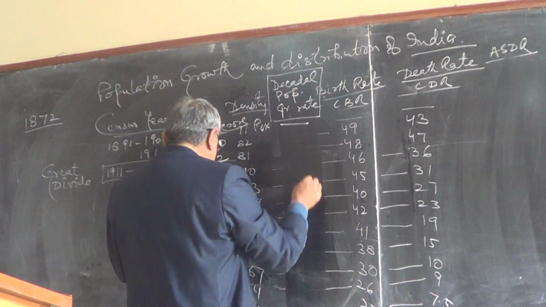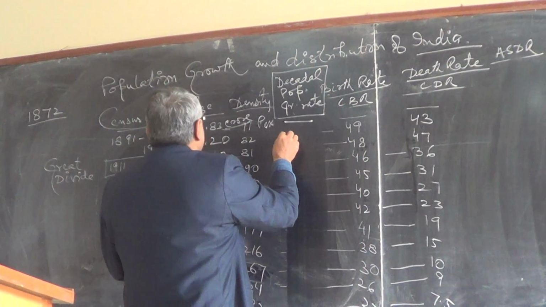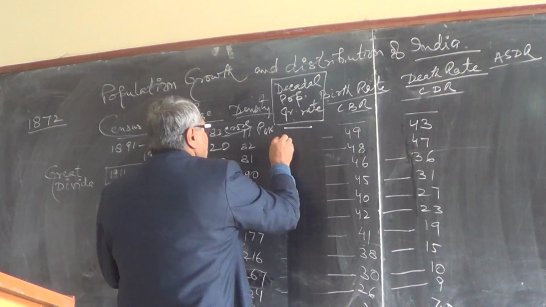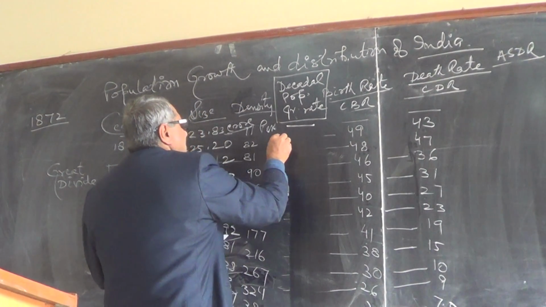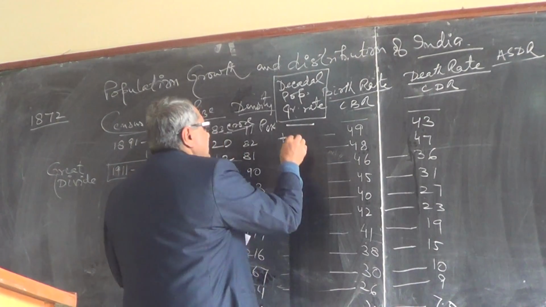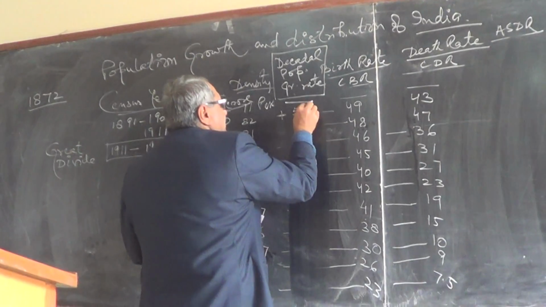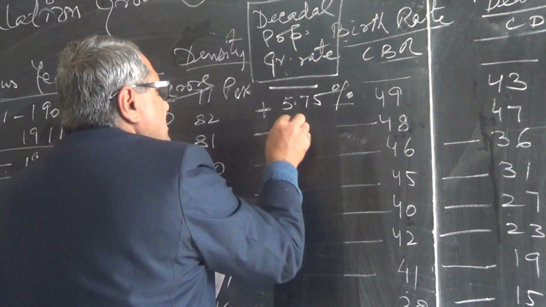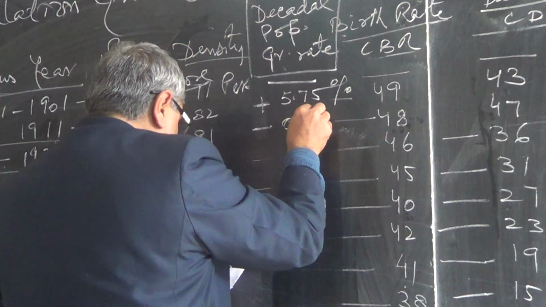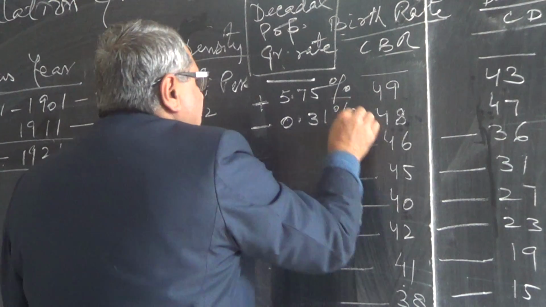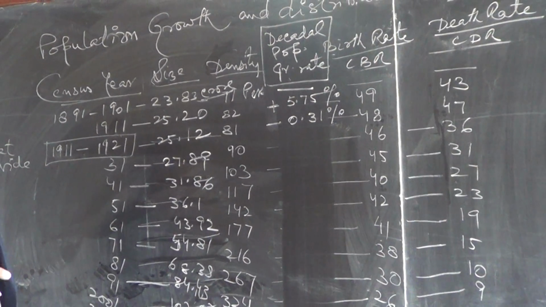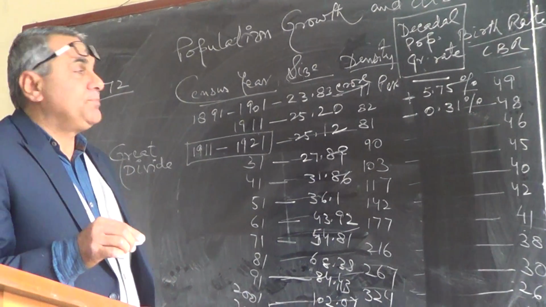So in 1911, it was plus and minus. I'm writing plus 5.75%, but here it was minus 0.31. So this decline was in decimal, but decline was there.